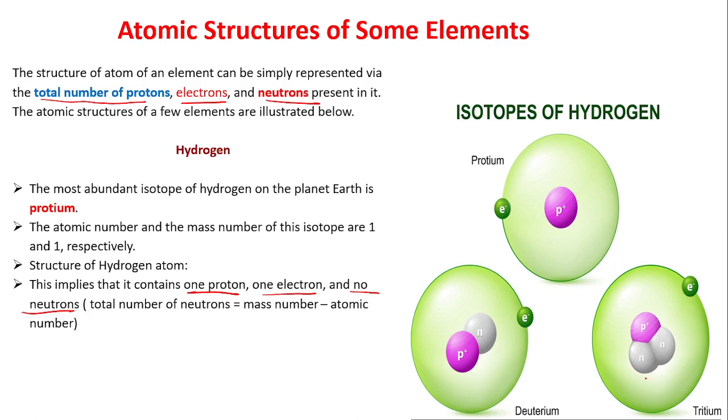Tritium has 1 proton, 1 electron, 2 neutrons. So that's all about hydrogen. Do we have any questions, ladies and gentlemen? Before I explain carbon, I'm going a bit fast because I want us to learn mathematics.